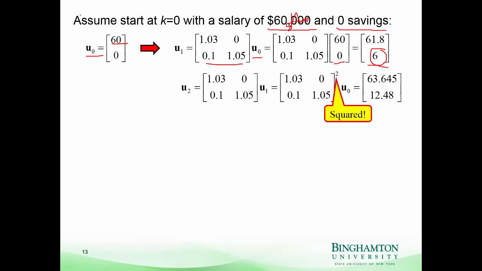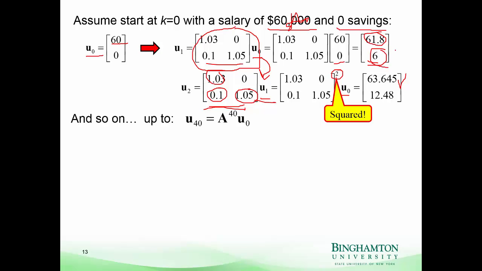U2 would be equal to A times U1, so we would now be taking 3% of 61.8, and we would be taking 10% of 61.8 plus 1.05 of 6. But we could also plug this result, A times U0, into here, and we get an A times an A. So that gives us A squared times U0. And we could calculate what that is. And we could go on our merry way.